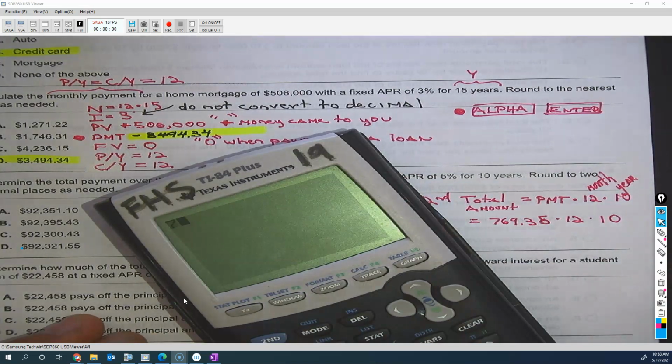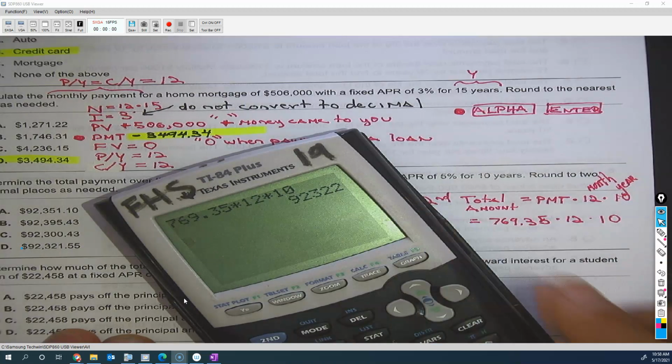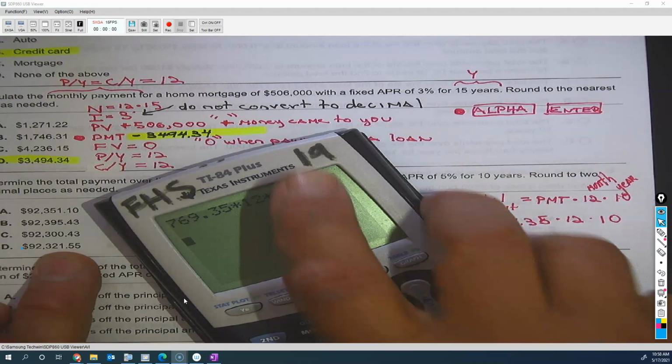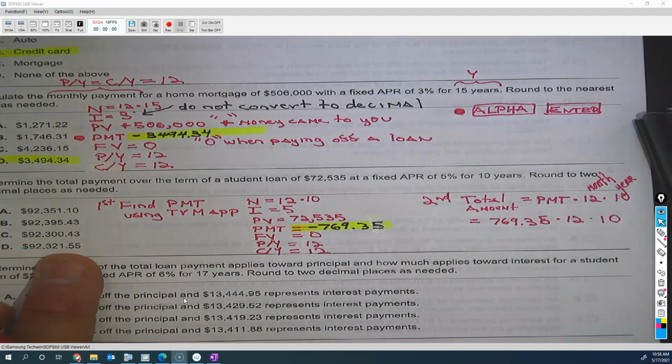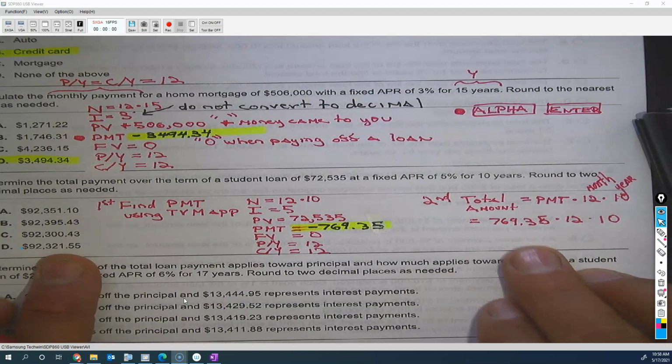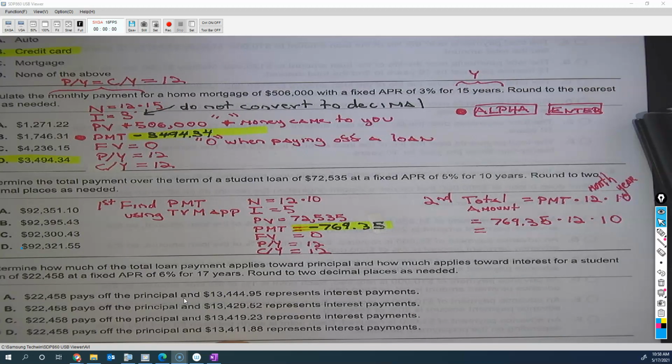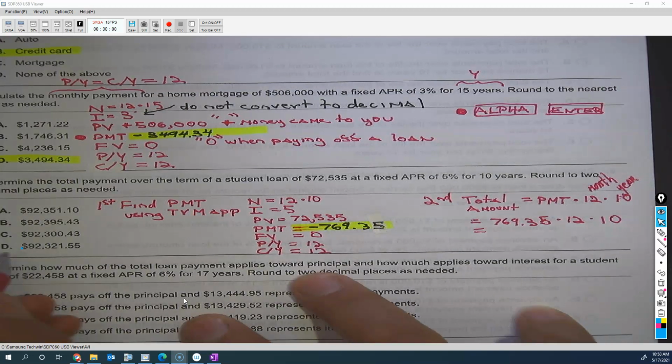And now 769.35 times 12 times 10. 92,322, which is going to be this one because I rounded my answer. Okay, that's why mine is a little off. Okay, 769.34 times 12 times 10. Yep.